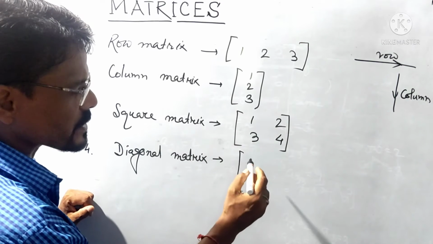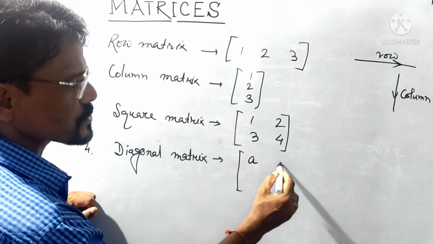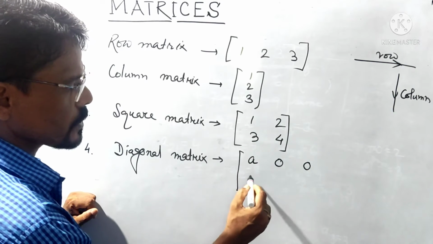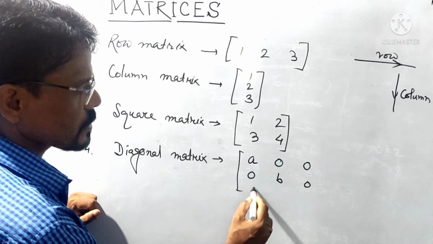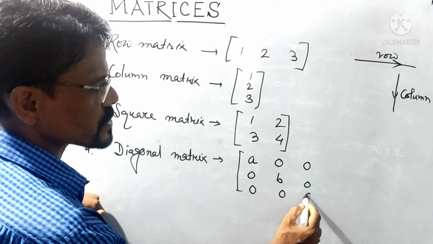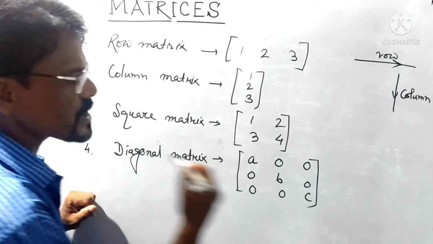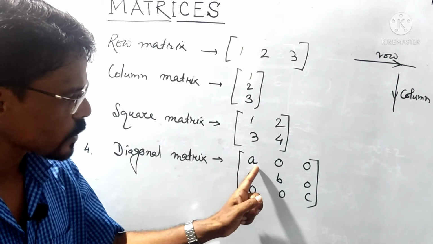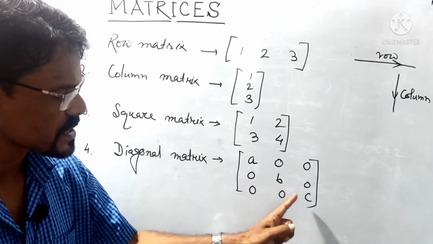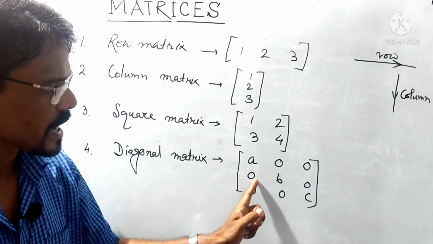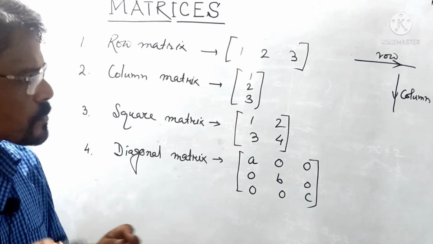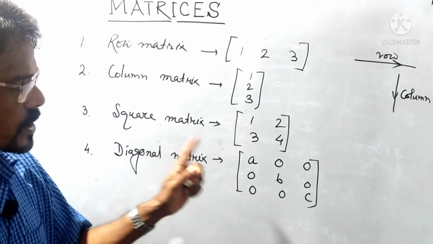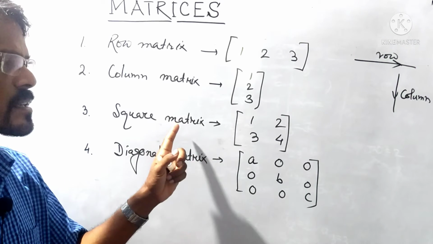Like suppose a matrix is written like A, 0, 0, 0, B, 0, 0, 0, C. You see, for this matrix, only the diagonal elements are there, A, B, C, and all other elements are 0. That's why this is called a diagonal matrix. But the important point is that if it is a diagonal matrix, it must be a square matrix.